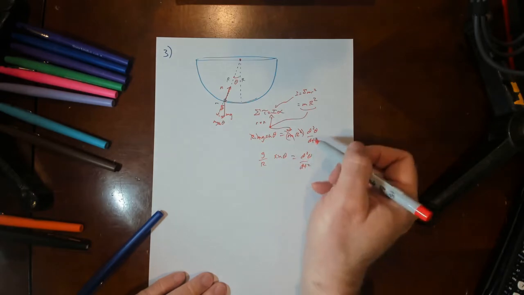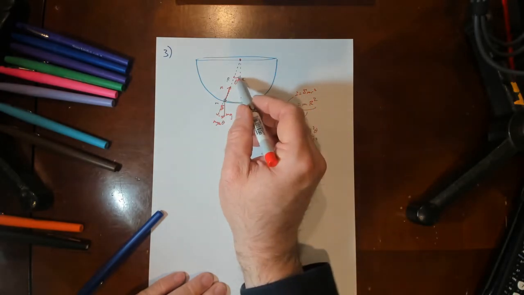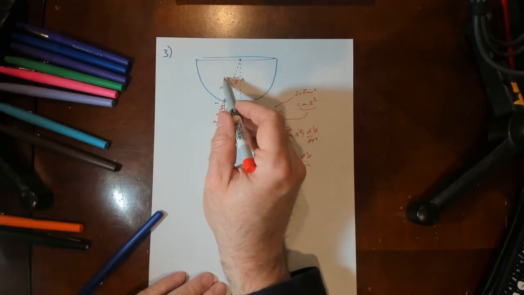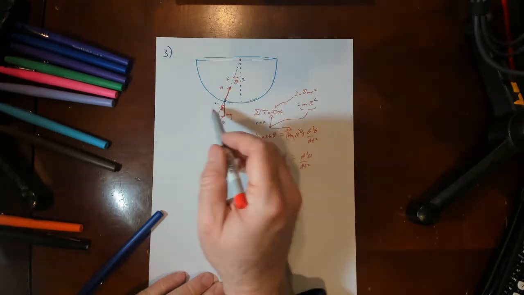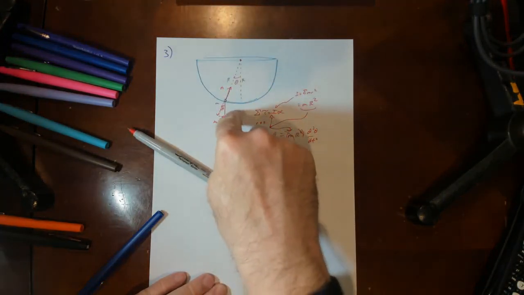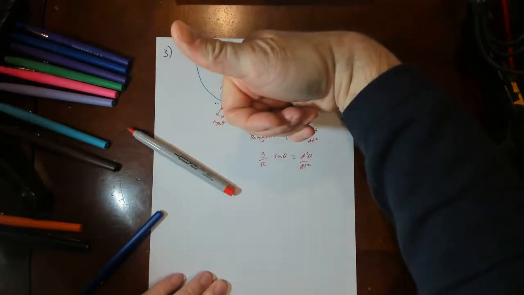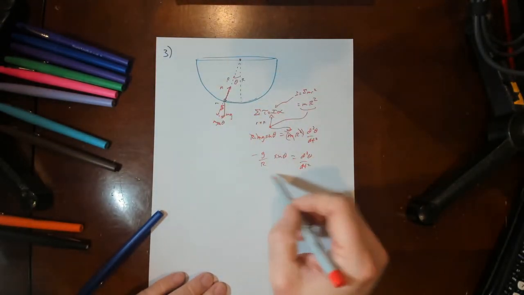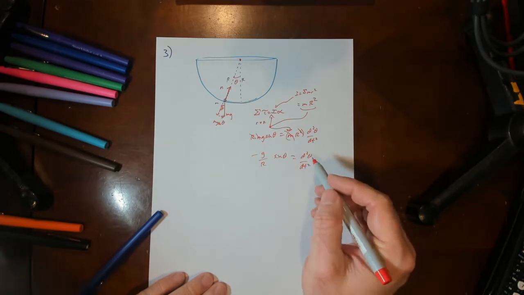Technically, if theta is 0 here, this is a negative theta displacement, and I'm getting a positive torque trying to go the other way. If this is the negative direction, the torque for this r cross F is the other way, so the sign's going to be flipped. Is this the simple harmonic motion pattern?